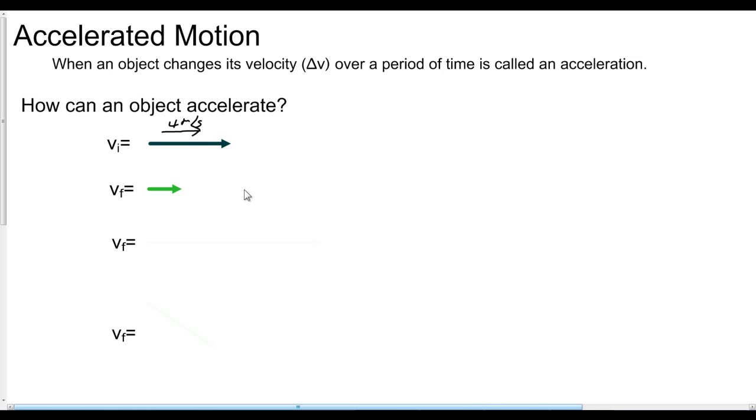Now, I'm going to treat this just like I treated the displacement equation, where I had the change in displacement, delta x. In this case I'm going to use delta v, my change in velocity, which is my final velocity minus my initial velocity. I'm going to use this equation with the graphical method of vector analysis to determine what my acceleration vector is going to be. Acceleration is a vector, which means that it also has a direction.